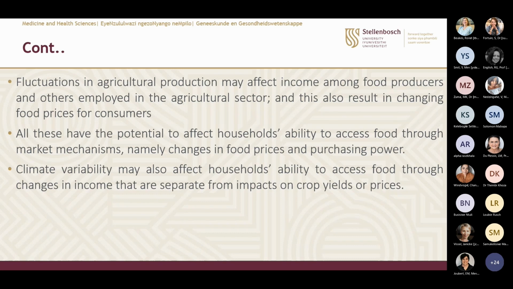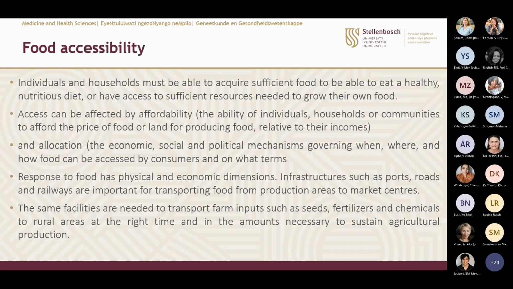All these factors have the potential to affect households' ability to access food through market mechanisms because of the food prices and also their lack of purchasing power. And also the household ability to access food through the change in income that I have mentioned in the first bullet. It's actually becoming a problem for them, because once they lose their income, then their access is hampered.